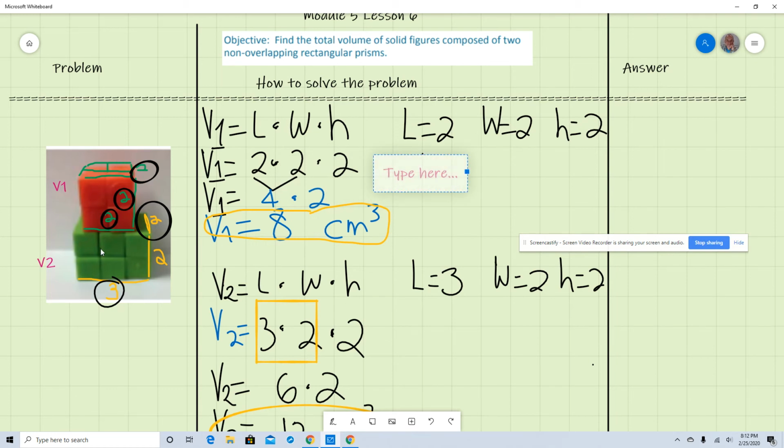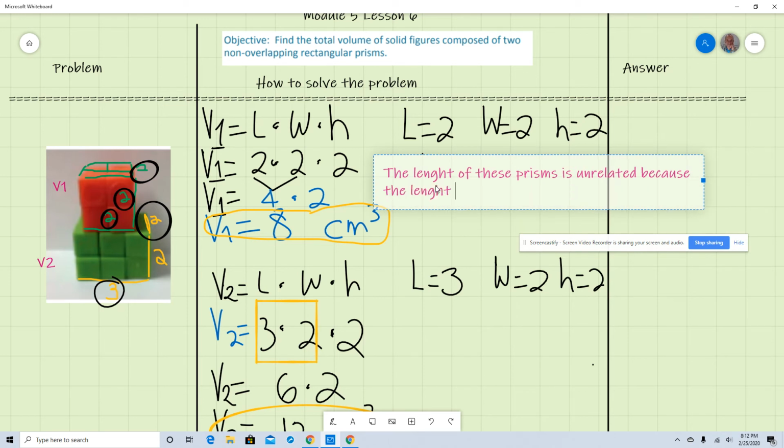Something these two shapes do not have in common is the length of these prisms, because the length of the small prism is 2 cubic units, and the length of the large prism is 3. So that's something that they don't have in common.